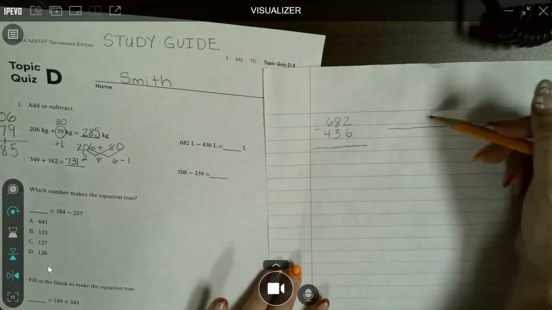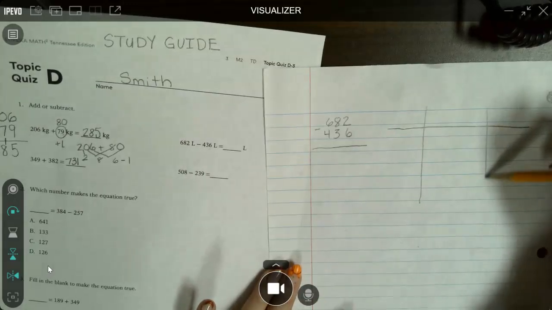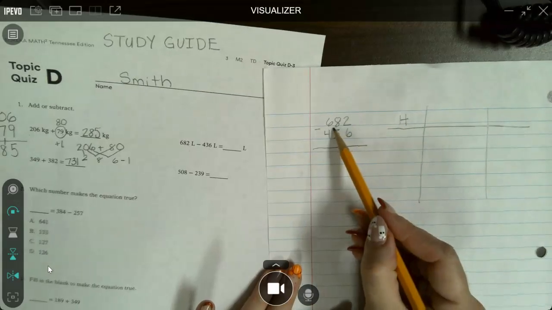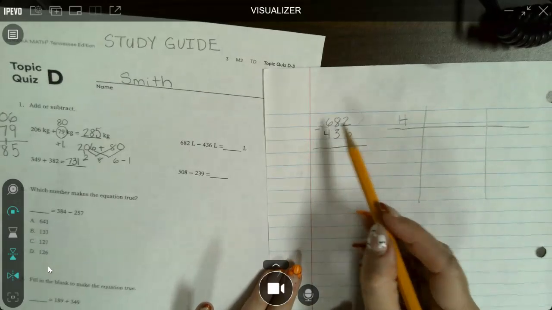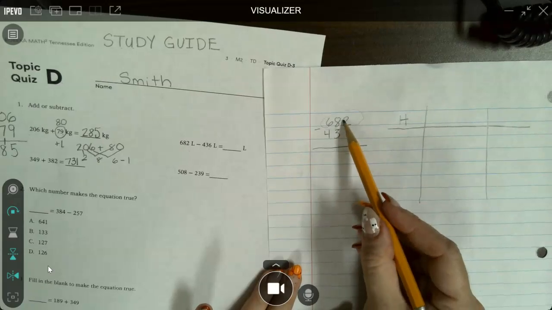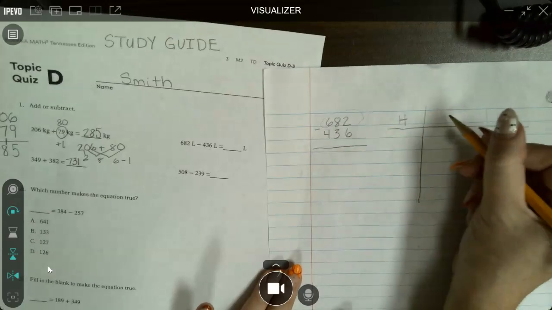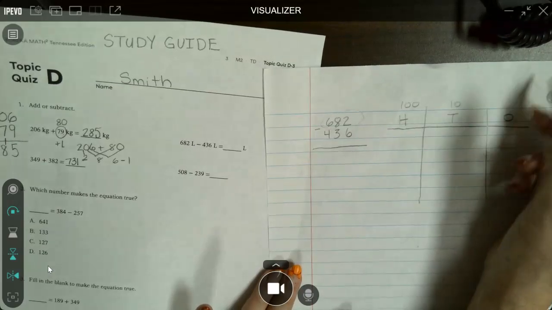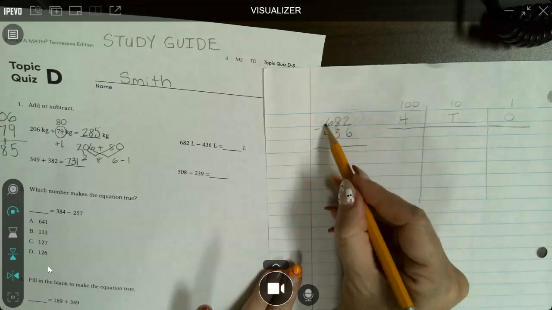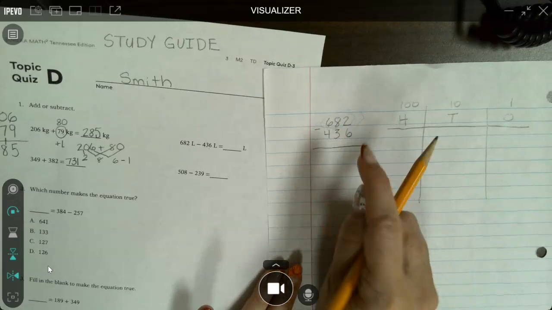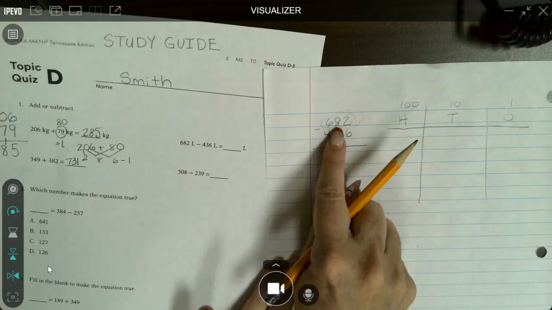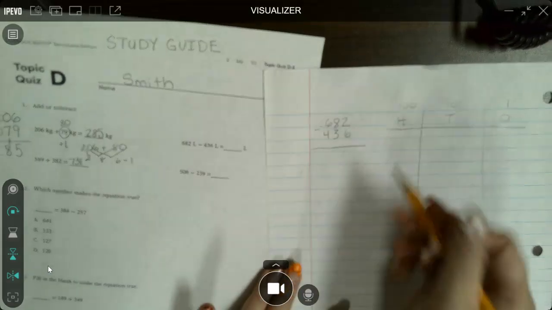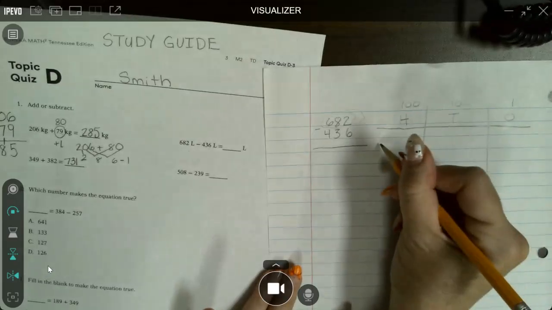The other thing we discuss when we are drawing a picture representation is that in subtraction, this is the whole amount, and you are taking something away from this whole amount. That means that I only draw this whole amount, and then I begin to take away from that picture rather than draw this additional amount because I don't have anything additional.